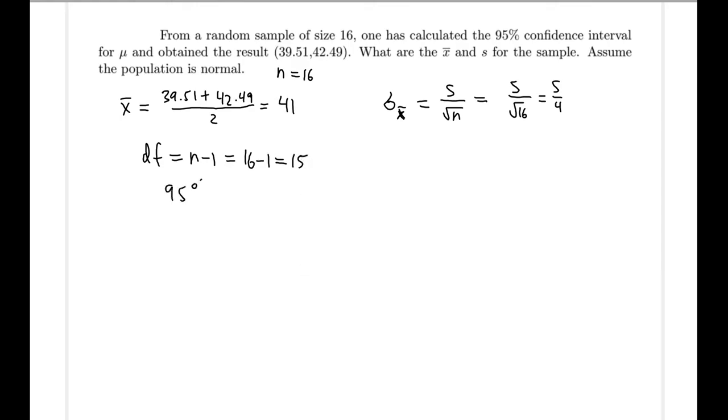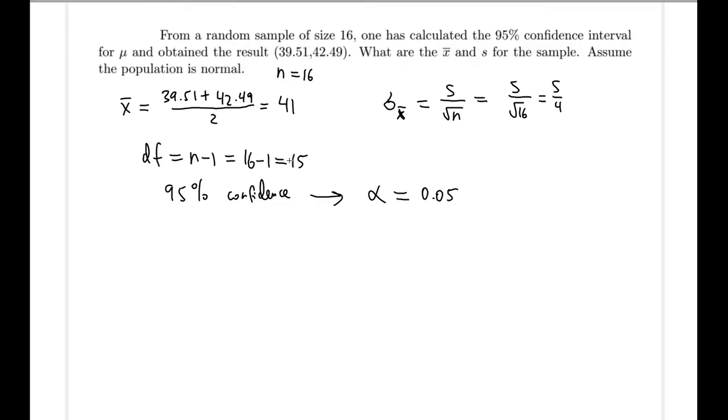Now 95% confidence interval. Let's talk about that. What does that mean? It means that the alpha level is precisely 0.05. Notice that since we're talking about a confidence interval, it's of a two-tailed nature, because the mean is in the middle and you go to the right side and to the left side.